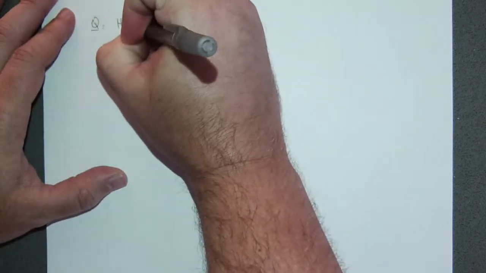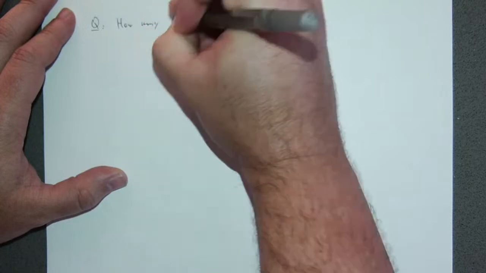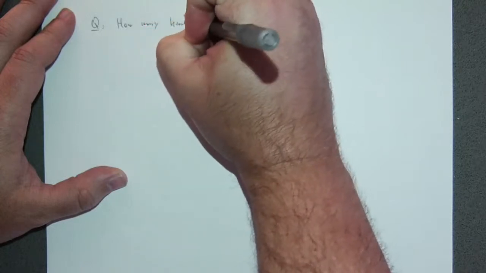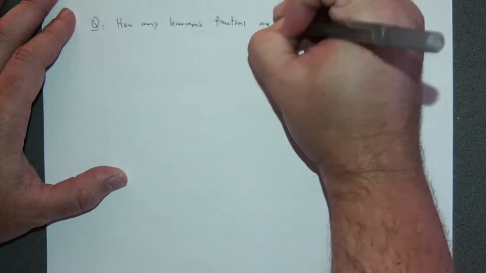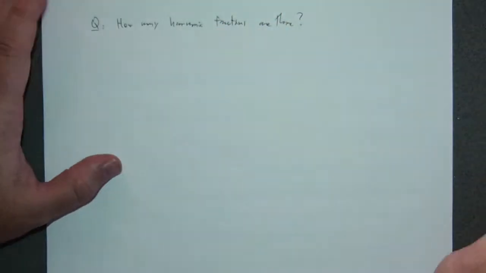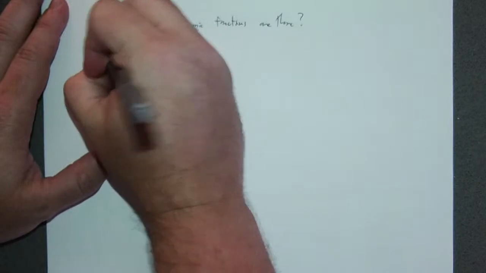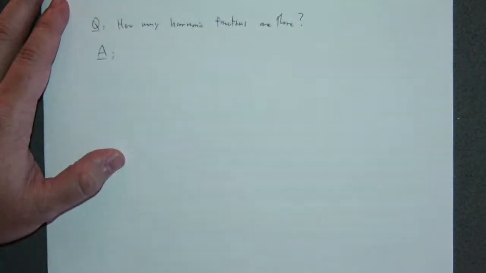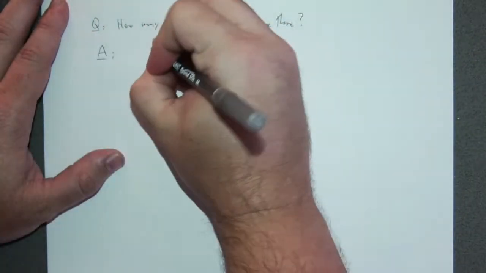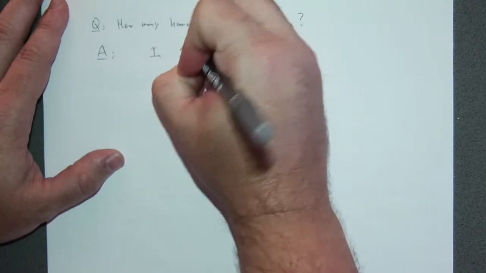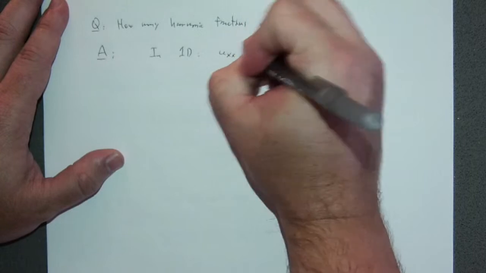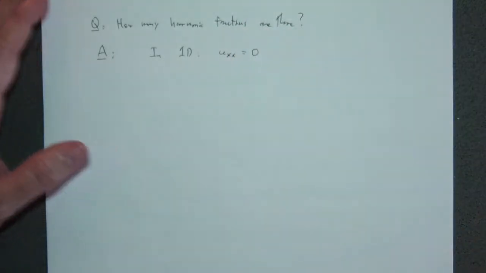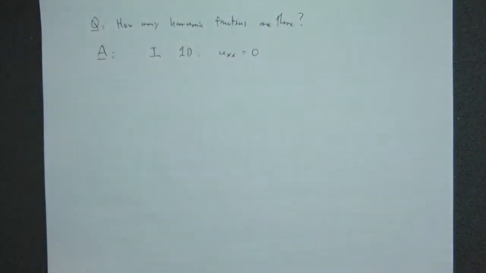And so we have the question, how many harmonic functions are there? So the answer, well, in 1D, remember in 1D our Laplace's equation is this thing. So what's the only thing that solves that?